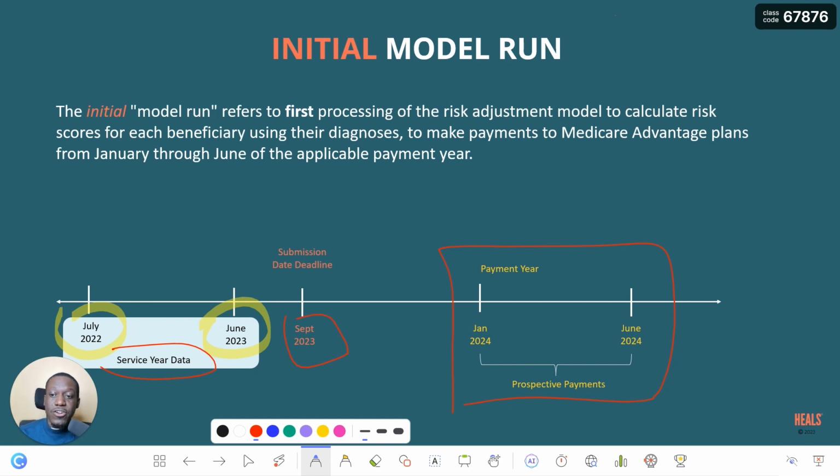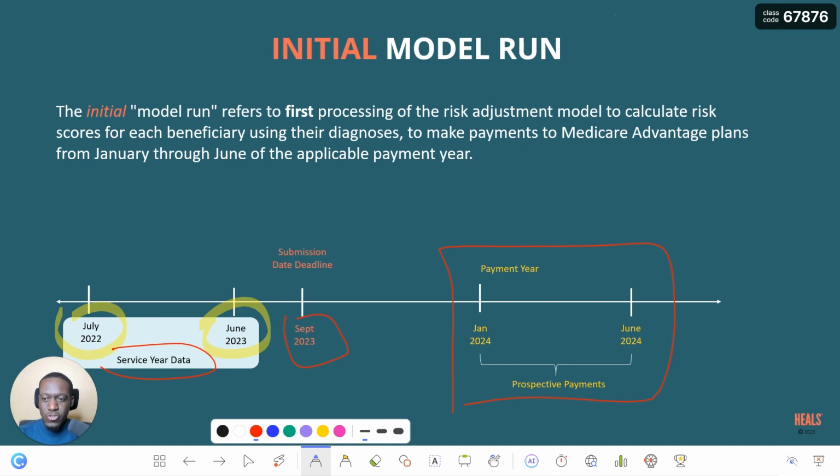And the date of service, which is the service date. If you are new to this and you don't understand this, watch the previous videos that go through the risk adjustment years, because these are all covered there. So CMS is using July 2022 through June 2023 date of service. And all this data should have been submitted by September 2023. The deadline was in the memo that I previously shared.